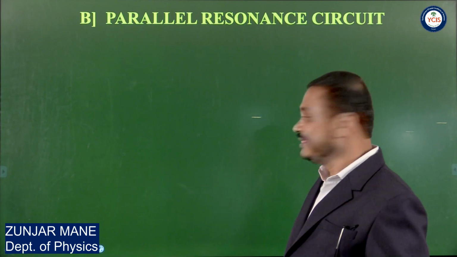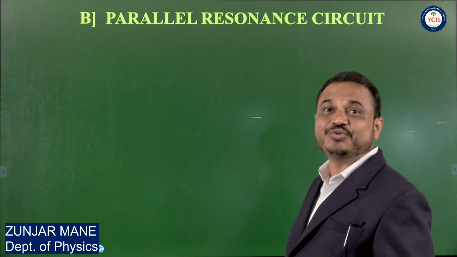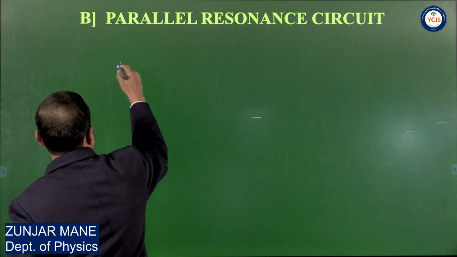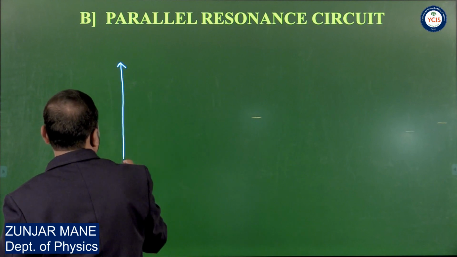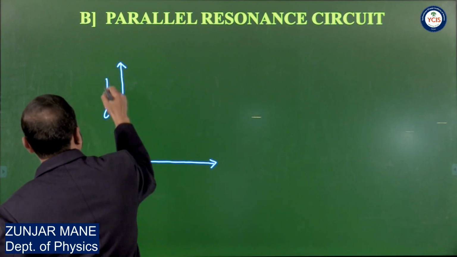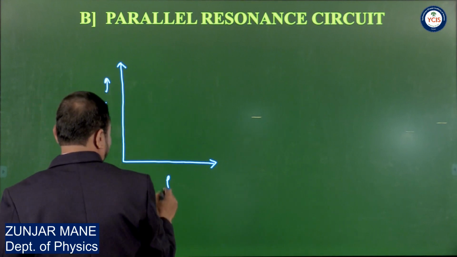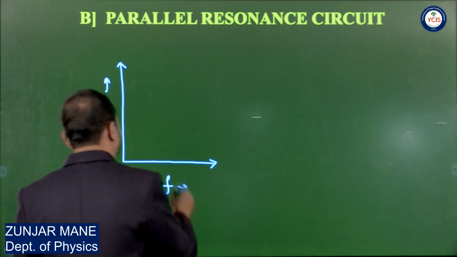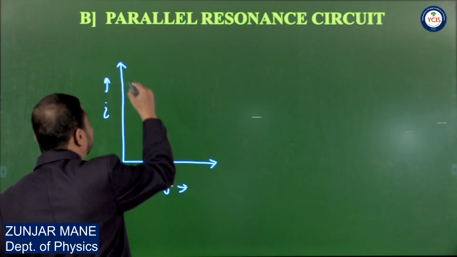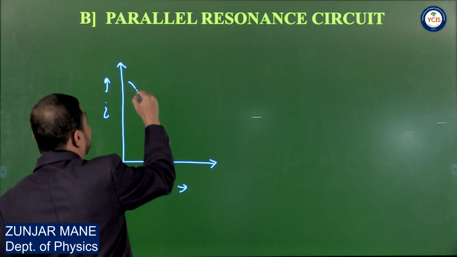If we see the variation in current with respect to frequency, suppose we plot the graph with current on one axis and frequency on the other. It is found that as we decrease the frequency toward fr, the current goes on increasing.